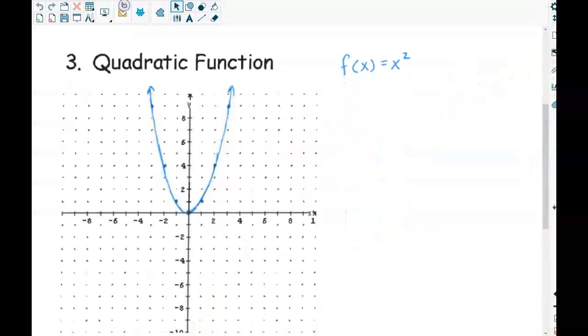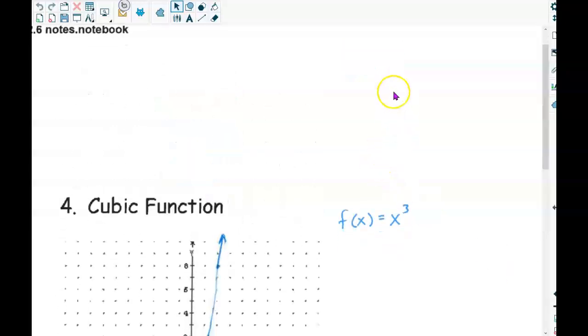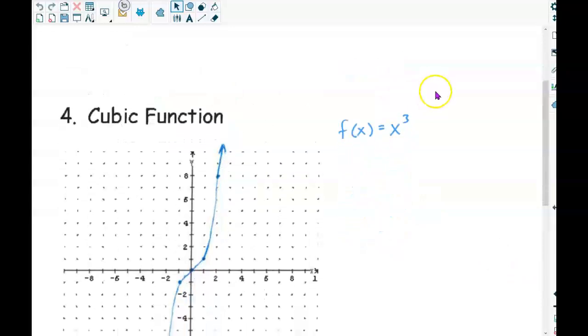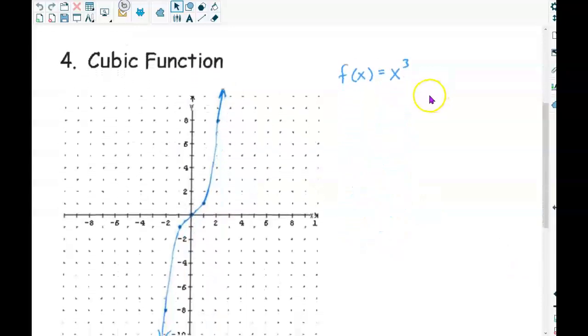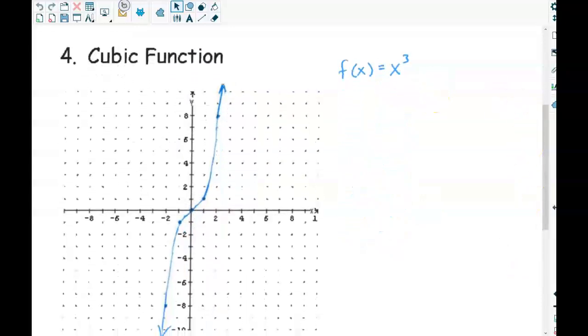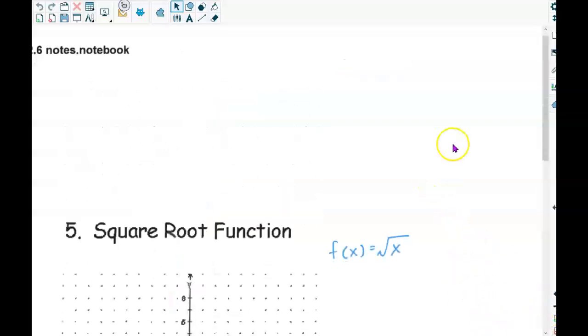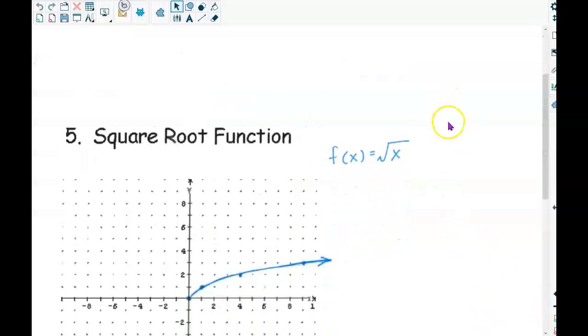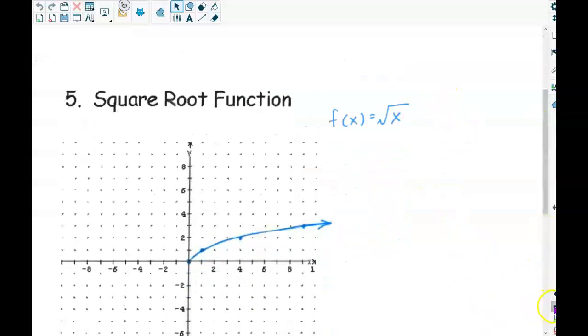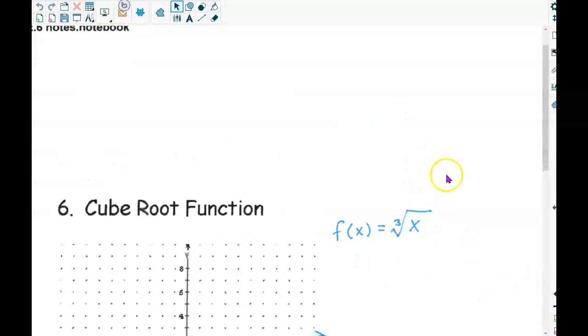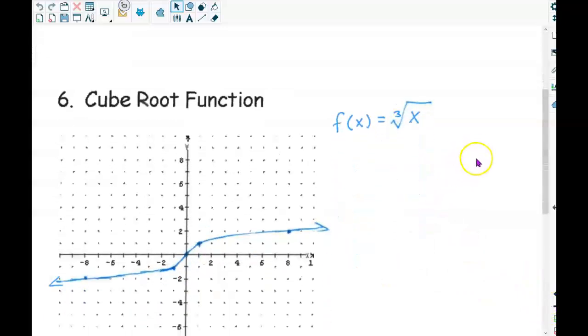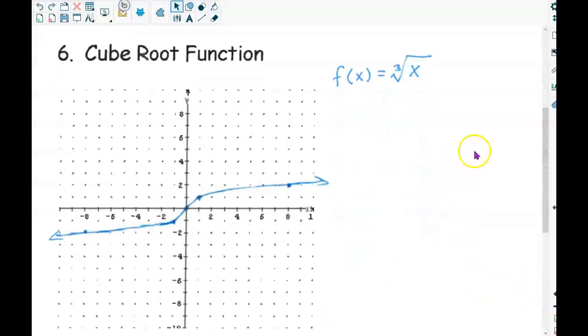Then we did the cubic, correct? Then we did the square root function, correct? Then we did the cube root function, correct? Yes, we did.